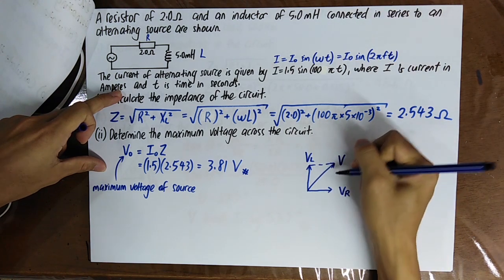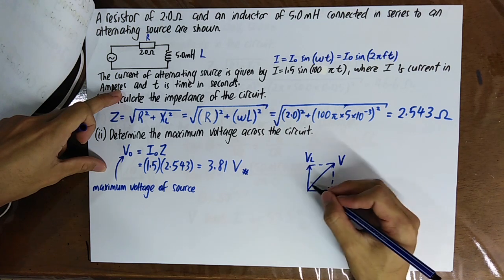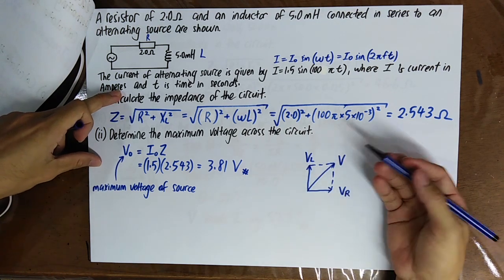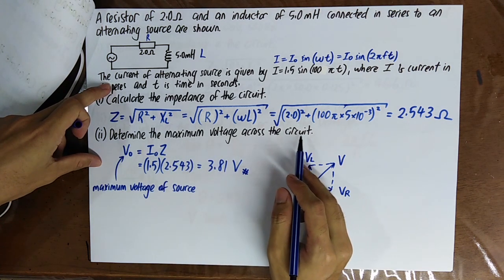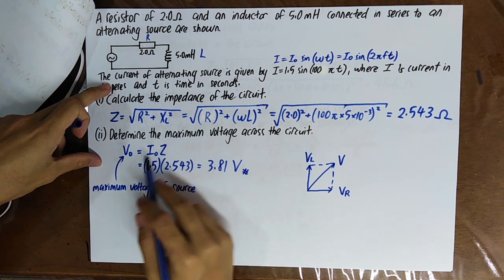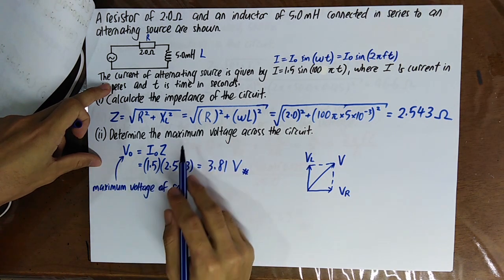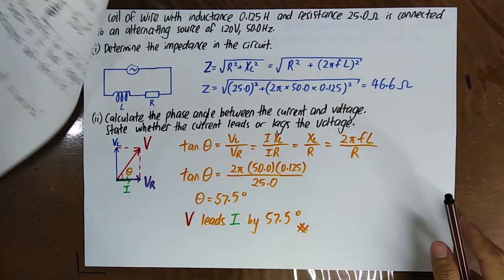Alright, so if this is 3 cm, this is 4 cm, then this is 5 cm. So of course, when I want to find the maximum voltage across the circuit, this is referring to the maximum voltage of the supply, not the maximum voltage across the L or the R.